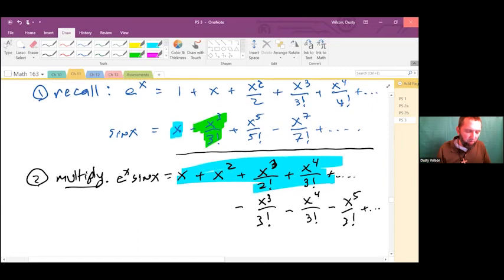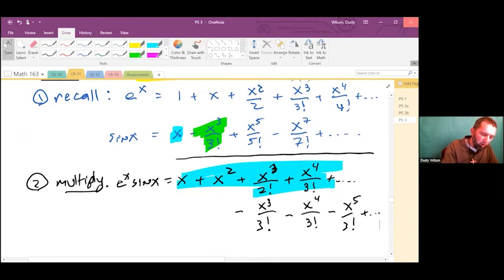Okay, so if we did one more, maybe we hit yellow. So we'd take the yellow term and we'd multiply it by the e to the x stuff and line things up.